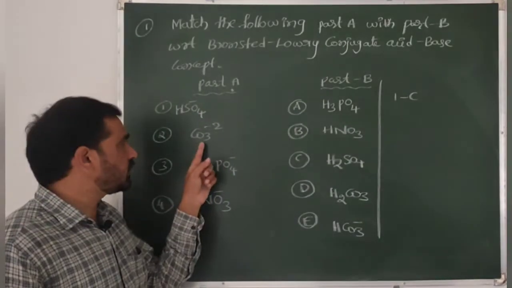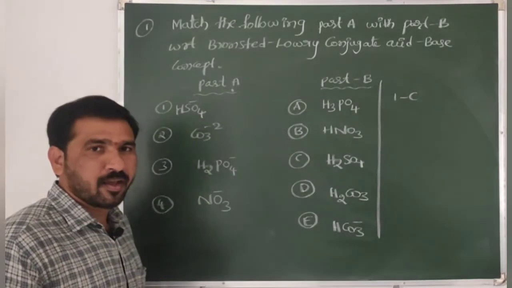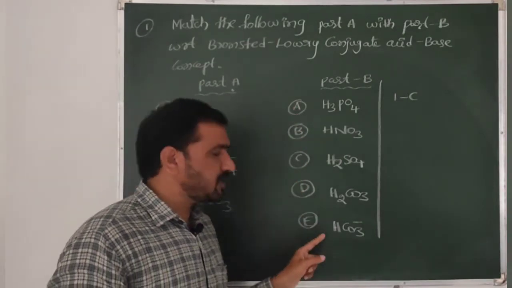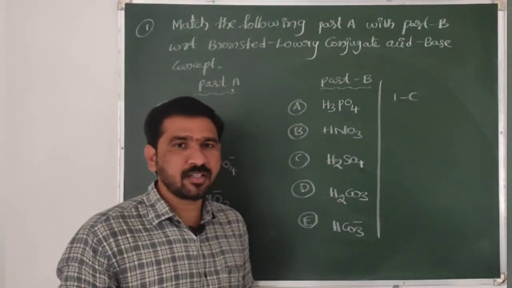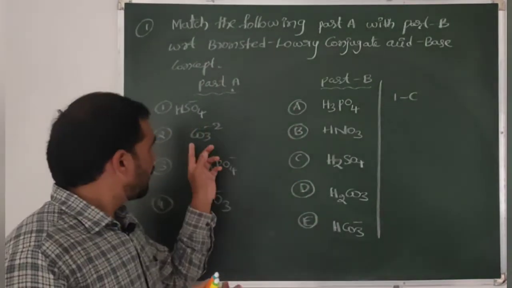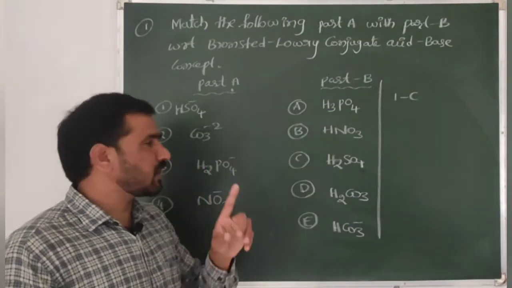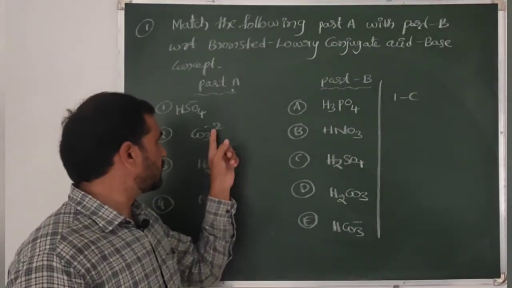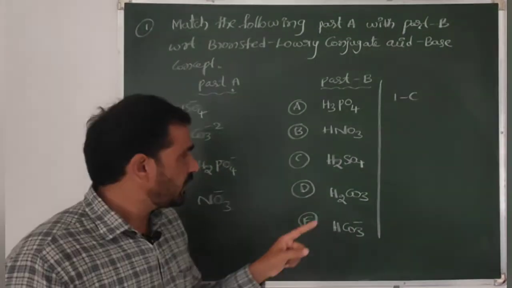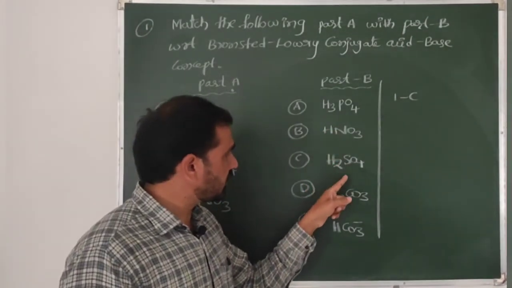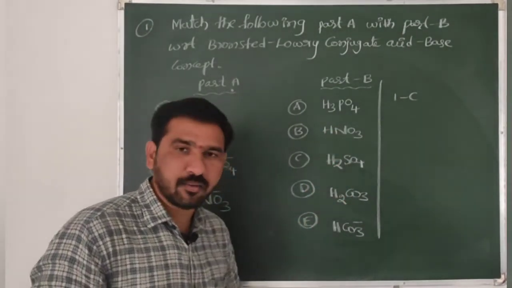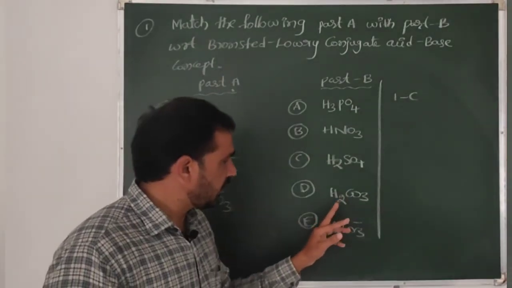Then next, the second one, CO3 minus 2. Among these A, B, C, D, E, which differs by one proton from this CO3 minus 2? Here, beta, carbon is there, and in D and E also carbon is there.